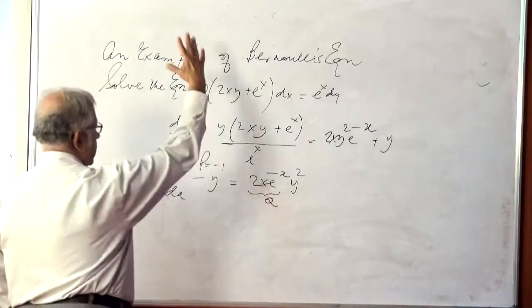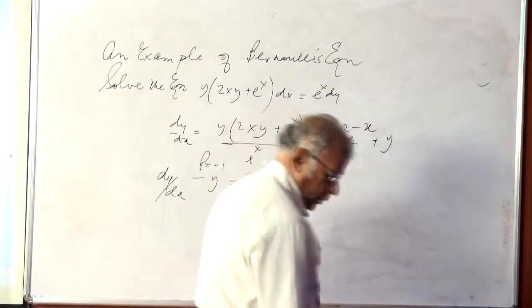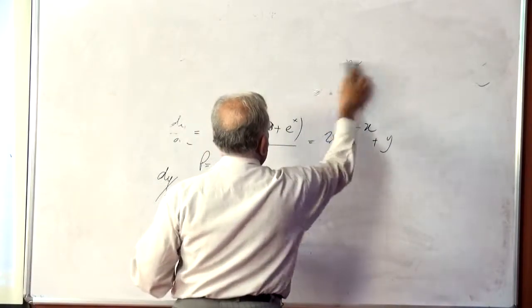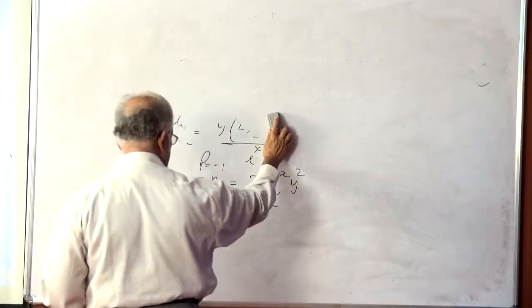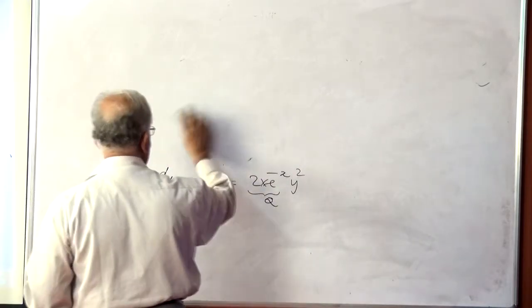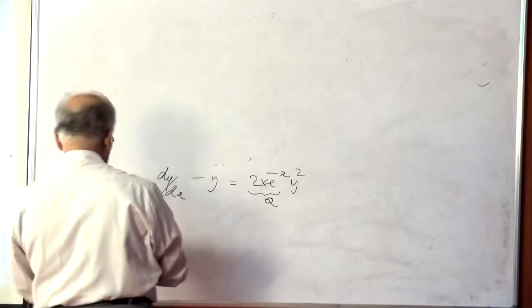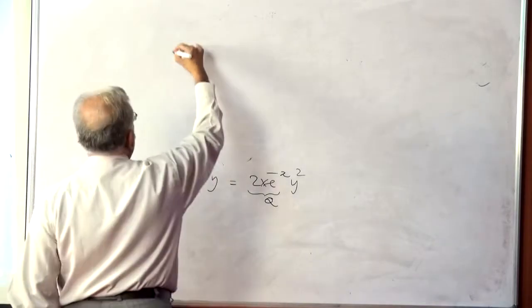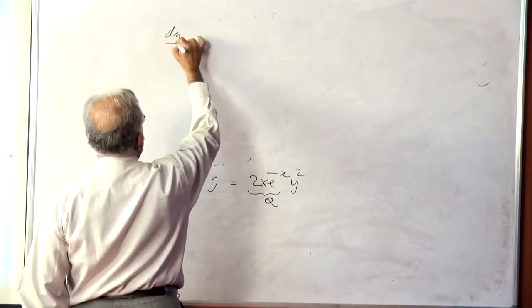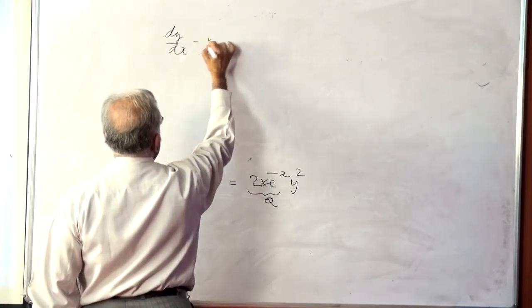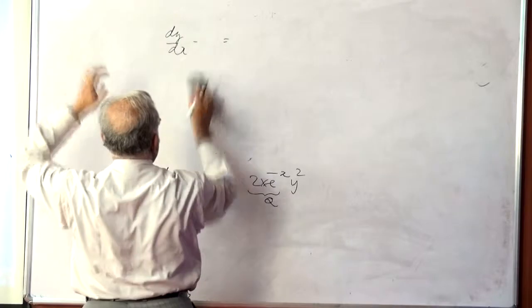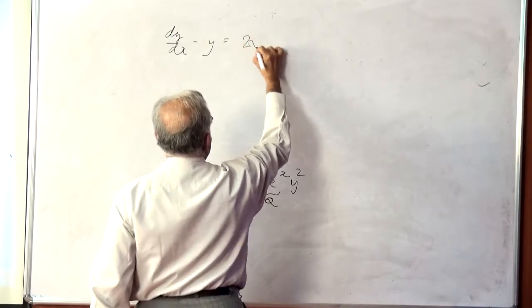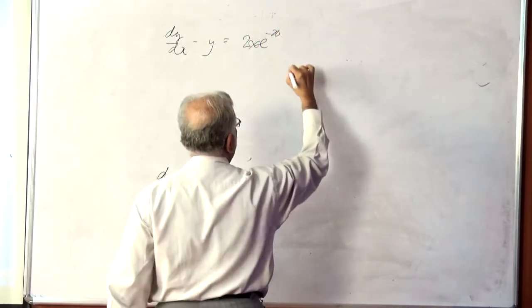So we have dy/dx minus y is equal to 2x e to the power of minus x into y squared.